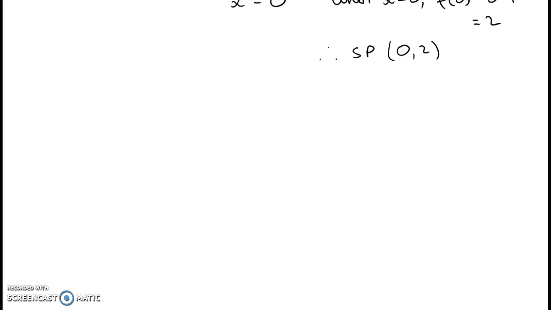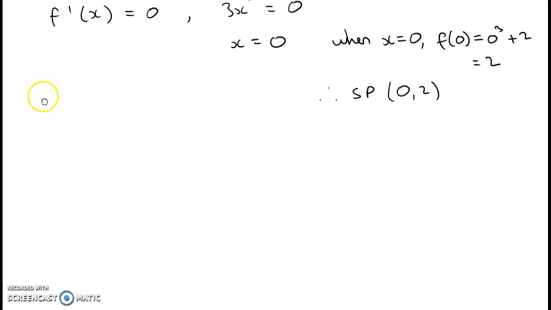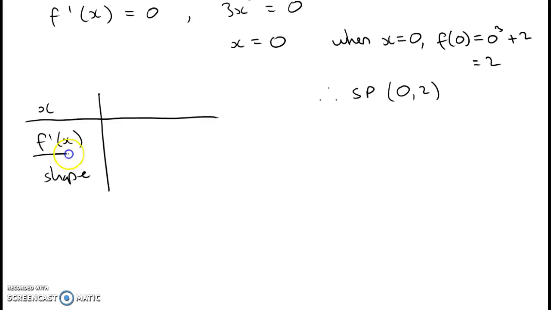Alrighty. Let's determine the nature of this stationary point, because it's going to help to find the maximum and minimum values of this function. It's going to help us if we can picture what it looks like. So let's set up our table. We'll have x, f dash x, and the shape. We've got a point at 0. Let's choose minus 1, and let's choose 1.